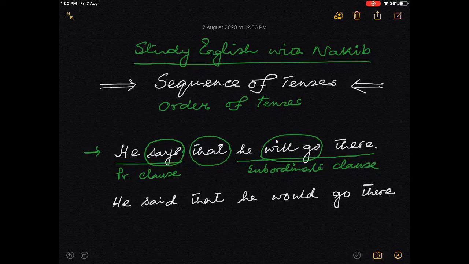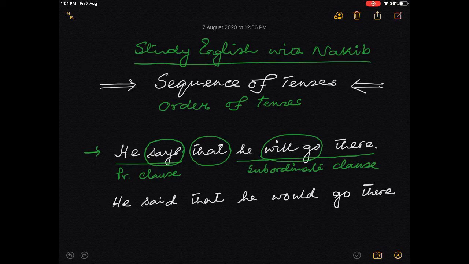In this lesson, we will read the sequence of tenses. Before reading the sequence of tenses, you have to understand the meaning of the word sequence. Sequence means actually order. So, sequence of tenses means order of tenses.